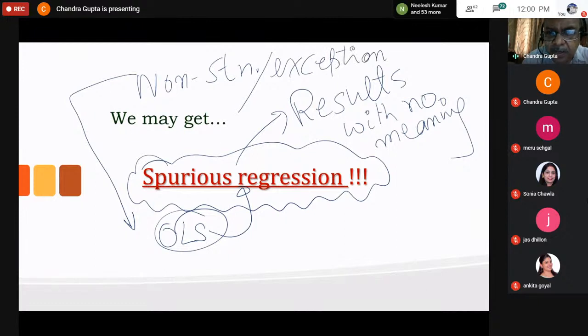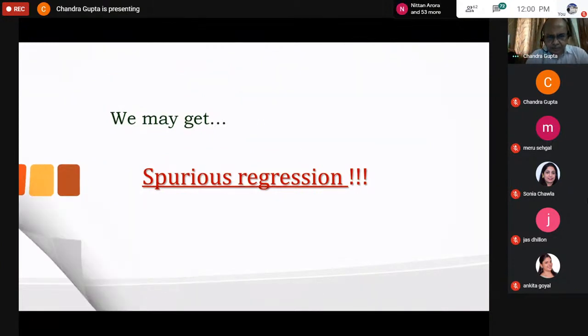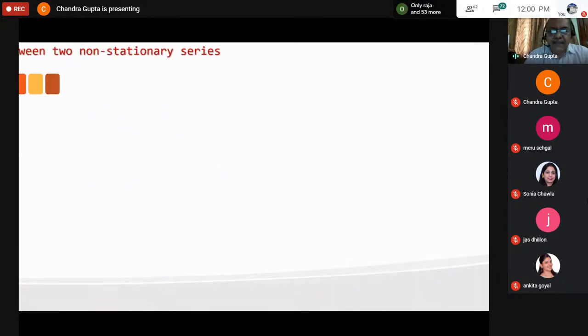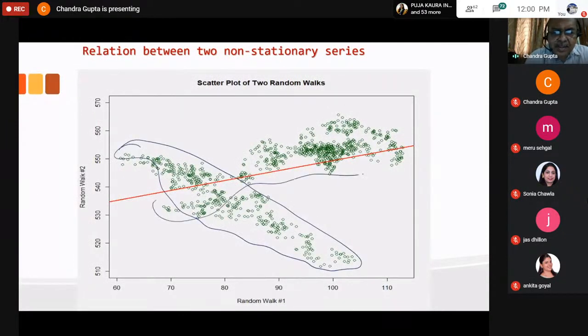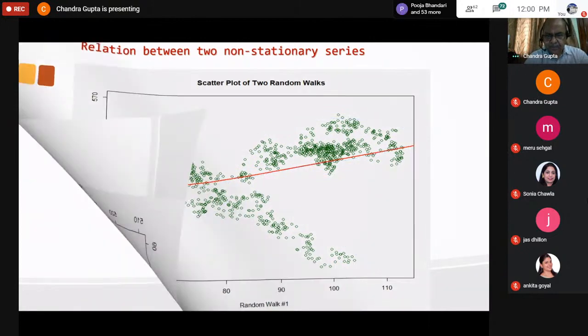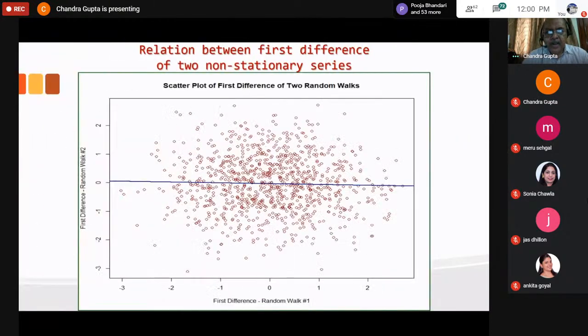I'm not going to talk about the exceptions, and the basic rule is never work with non-stationary series. So for example, if you have two non-stationary series like this and this, and you try to get a best-fit line, then you may not get the right results. Like here. If you make this series stationary, then you may get some sense out of it. Otherwise, you will not.